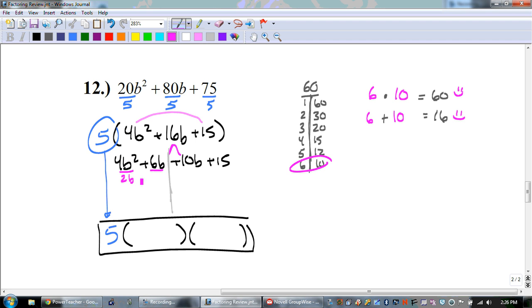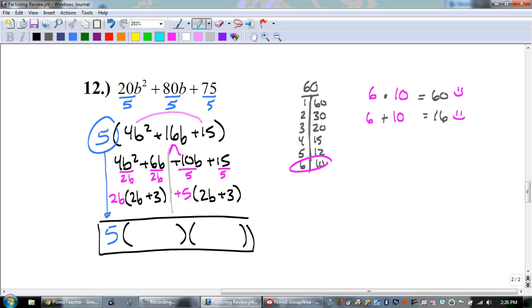Yeah, 2b. So the 2b comes out front. 4b squared divided by 2b is 2b. And 6b divided by 2b is 3. The GCF of the back, looking at 10 and 15, I can take out a 5. And it's a positive 5. And then I'm left with 2b plus 3.